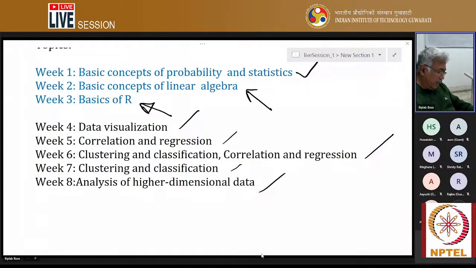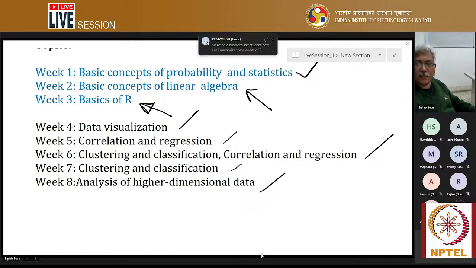But then week 5, correlation, regression. Although people do not realize regression models are actually machine learning. So you start with regression models, linear, non-linear. Then week 6, again we are going into another machine learning topic, clustering, classification. We'll continue in week 7 with clustering and classification. And week 8, we will have dimension reduction, which is again machine learning.